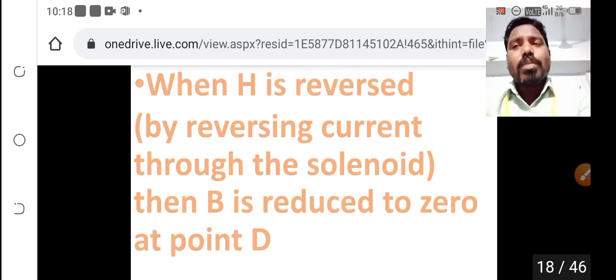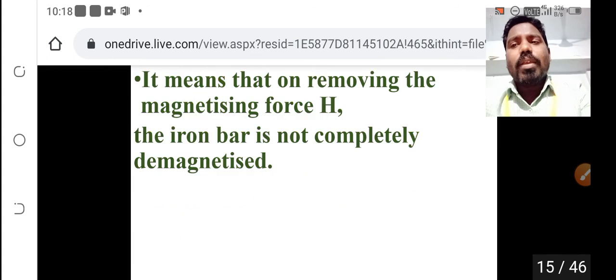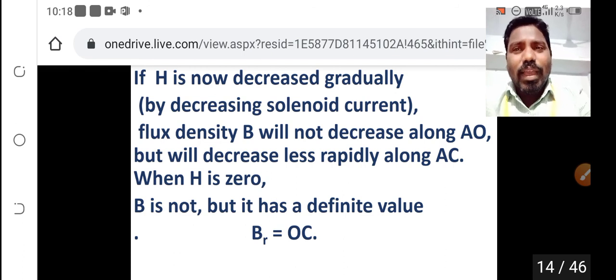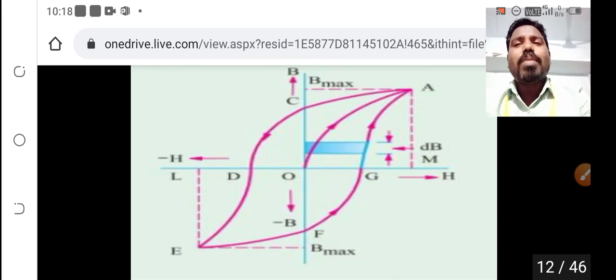During this magnetization the value of H and the value of B will vary. After noting the variation values of B and H, if you plot a graph, it indicates the relation between B and H. That is known as hysteresis. It is nothing but the relation between B and H.